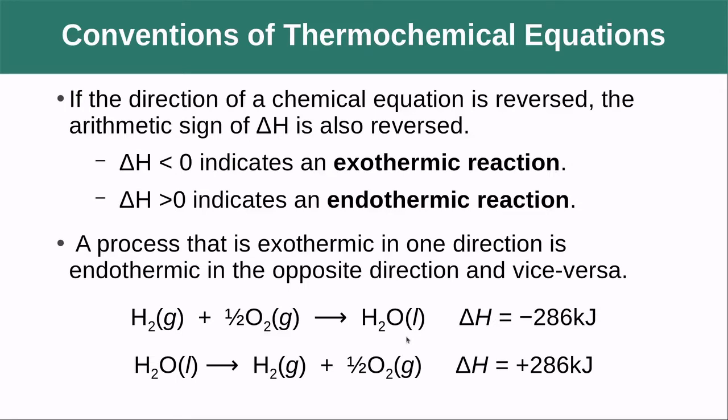If the direction of a chemical equation is reversed, the arithmetic sign of delta H is also reversed. You can see that down here when we switch it so that our product starts and goes to the initial reactants, we're switching the sign of delta H.